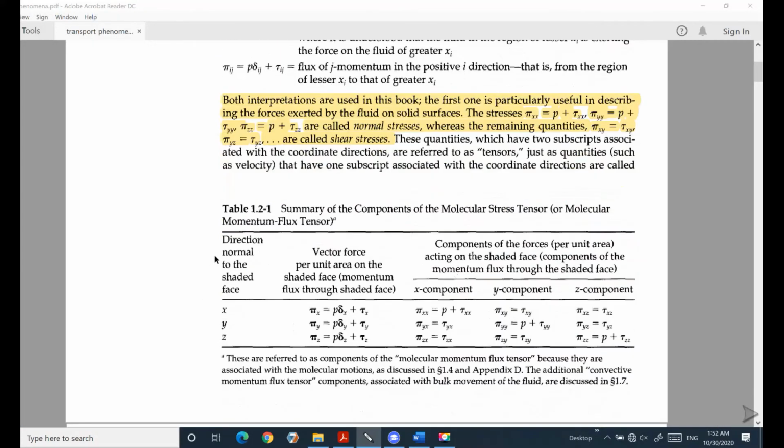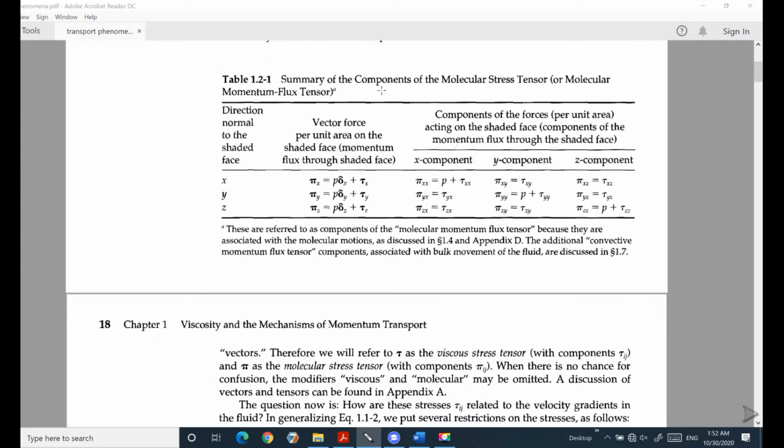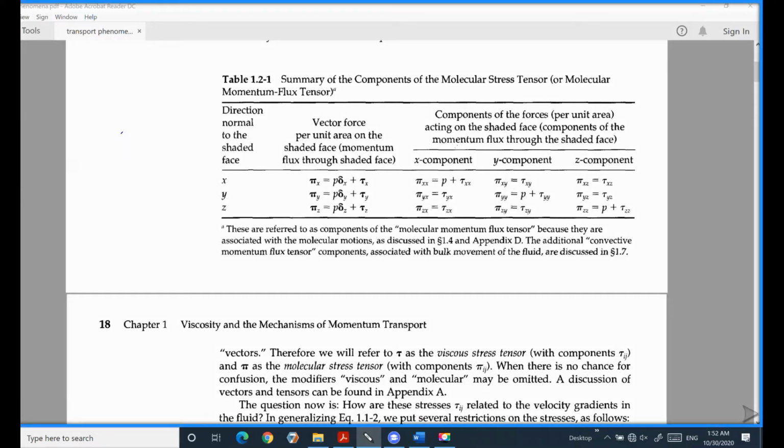So we continue. In this table we can summarize our components of the molecular stress tensor, because we have 9 elements. Molecular momentum flux for the x direction, as we showed above. We have some control volume like this.